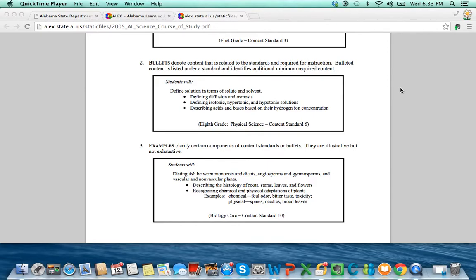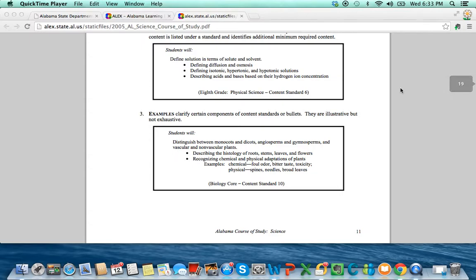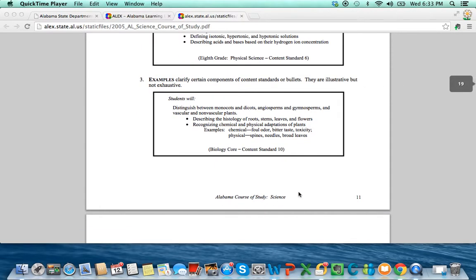And finally, some standards even have further clarification. If you look down at example 3, there are some examples. For example, this standard distinguished between monocots and dicots, angiosperms and gymnosperms, and vascular and non-vascular plants. And then, of course, we have the bullets that tell us the required content, describing the histology of roots, stems, leaves, and flowers, and recognizing chemical and physical adaptations of plants. Well, which physical and chemical adaptations of plants are you specifically talking about?